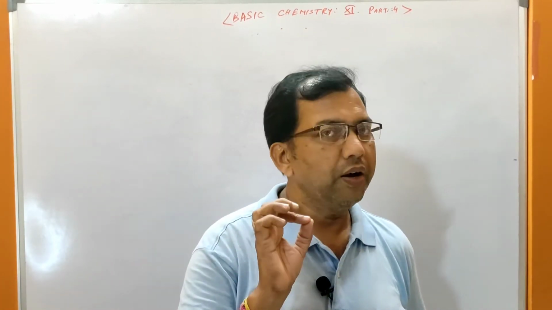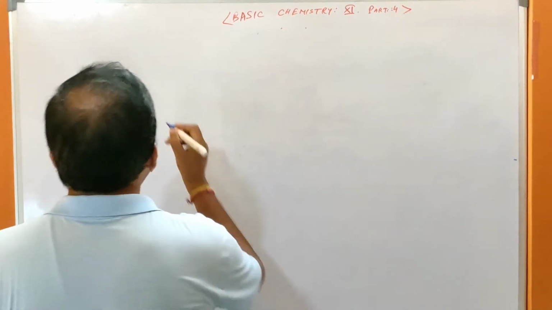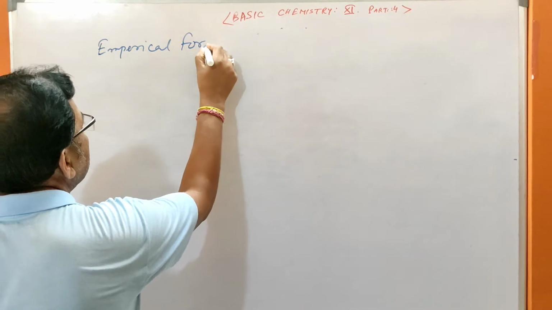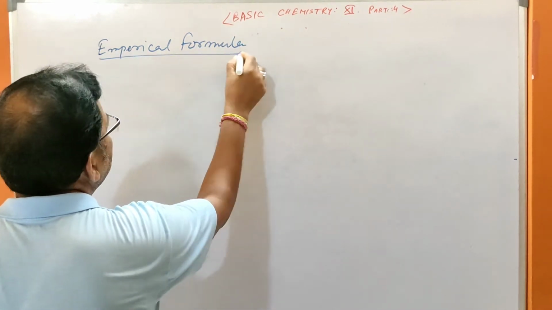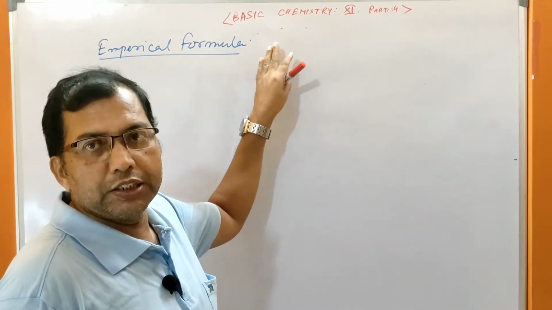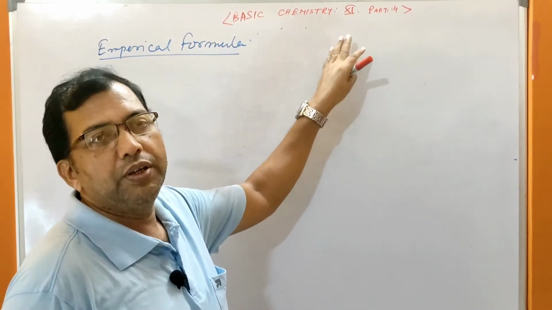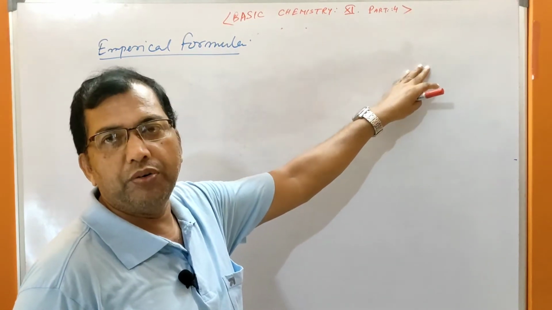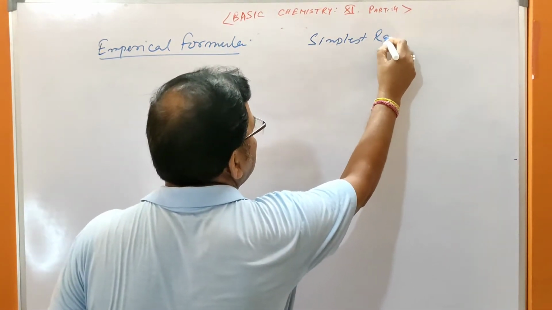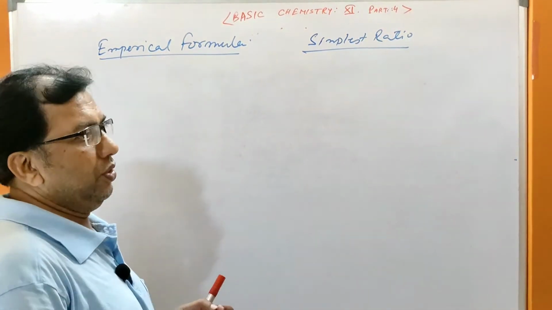Now write, or I tell again: empirical formula represents the simplest whole number ratio of various atoms present in a compound. That is the simplest ratio of atoms.